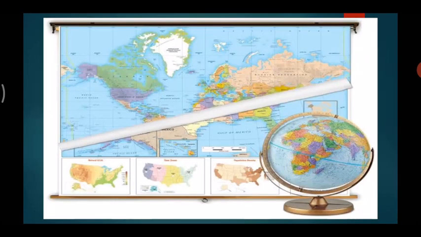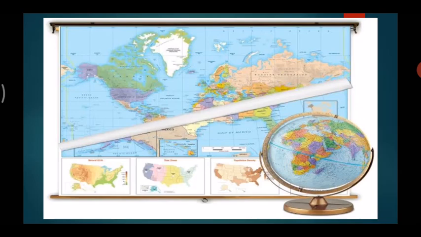Let's move forward. Now here the question arises: when there is a globe to teach us geography, why do you require a map? So the answer is, if the explorers carry a globe with them, what would be the problem with it? It is too big, right?